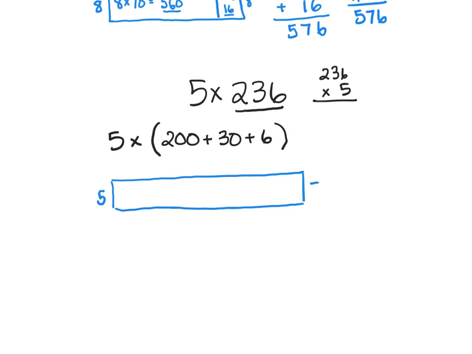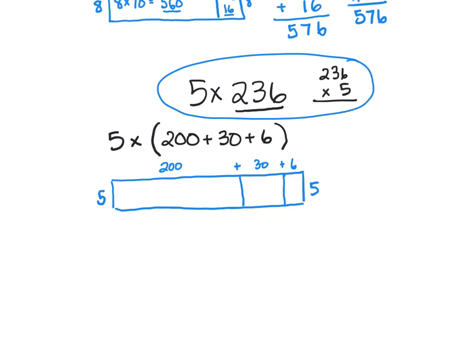So I'm going to put 5 over on my height, and then I'm going to have 6, and I'm going to have 30, and I'm going to have 200, right? That's going to be a much larger rectangle, and then I'm going to put my addition sign, so I know that in the end I have to add all of these partial products to our final equation. We're finding the products of each place value, and then we're going to add them together.